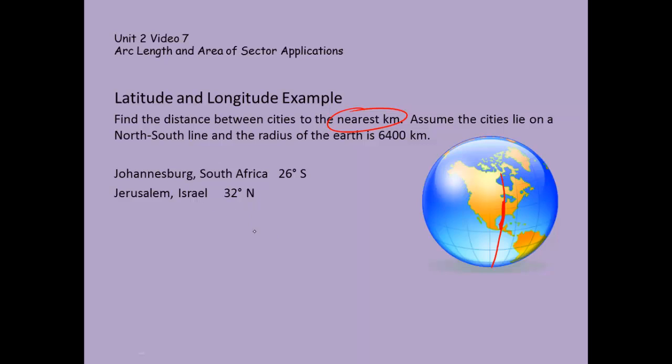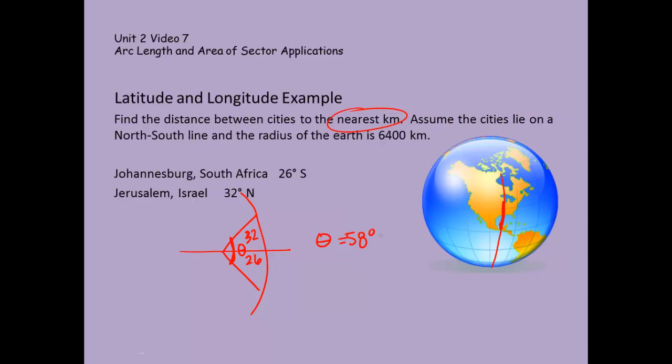Well, since Jerusalem is north of the equator and Johannesburg, South Africa is south of the equator, here's the edge of the circle, which being the Earth, and this gives us our entire central angle, which would include 32 north and 26 south for a theta value of 58 degrees.